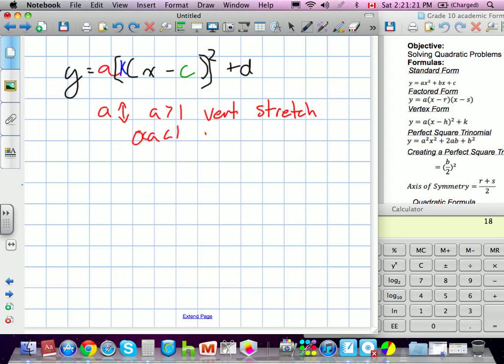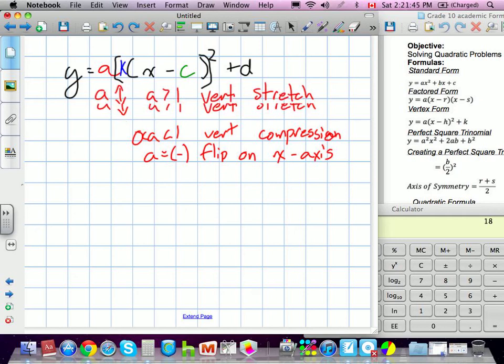And if A is negative, it's a what? Flip on what axis? The X-axis. Good. All right. Let me just move this up here. I want to put it right underneath. So this is A, up and down, we know.